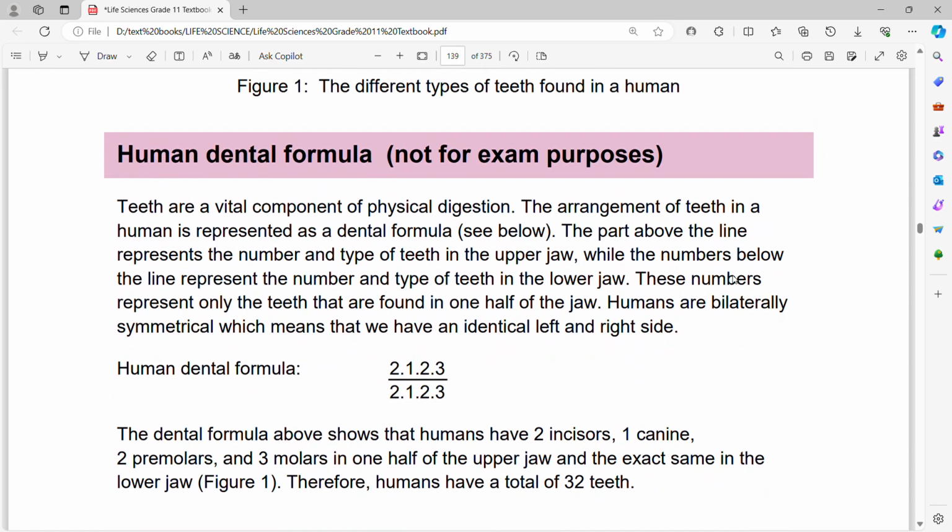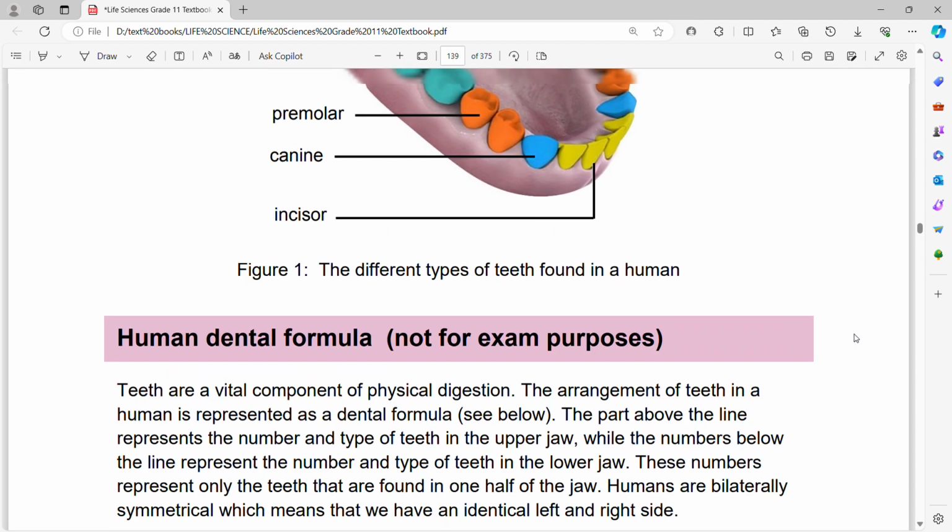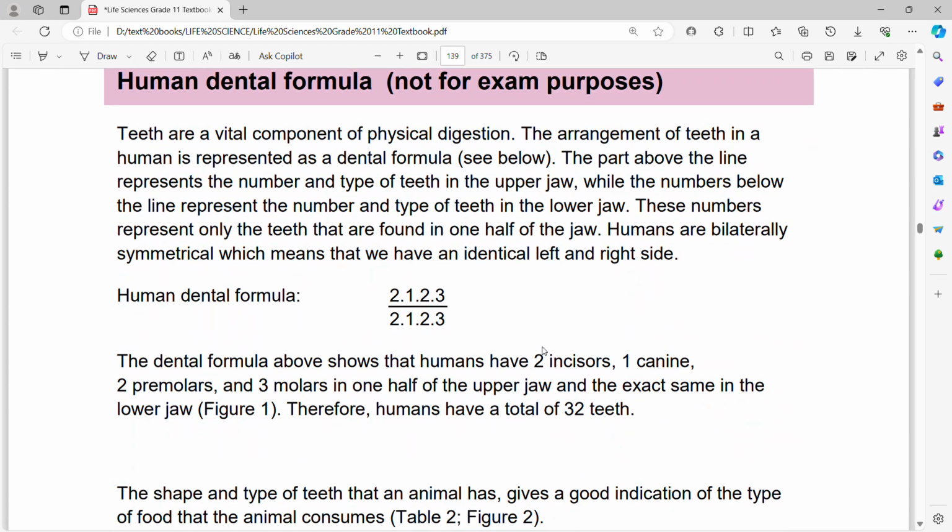Human dental formula. Teeth are a vital component of physical digestion. The arrangement of teeth in humans is represented by the dental formula. So 2 is to 1 is to 2 is to 3 over 2 is to 1 is to 2 is to 3, which means human beings have two incisors, one canine, two premolars and three molars, as we've seen in the diagram above, in the upper jaw and in the lower jaw.